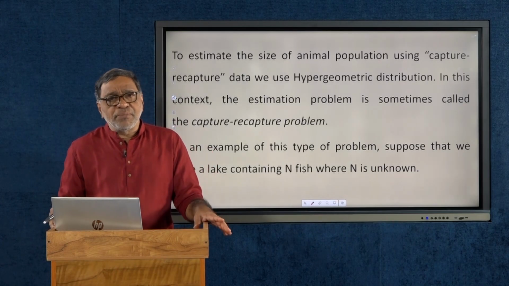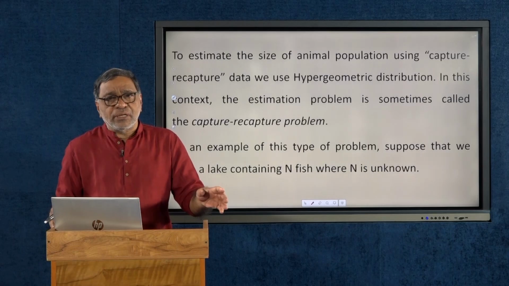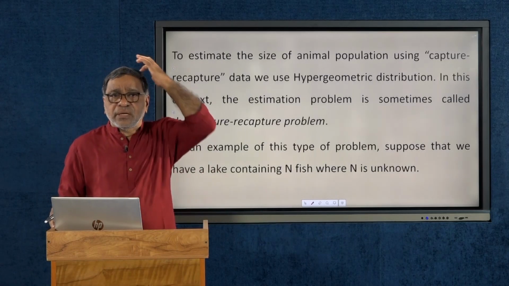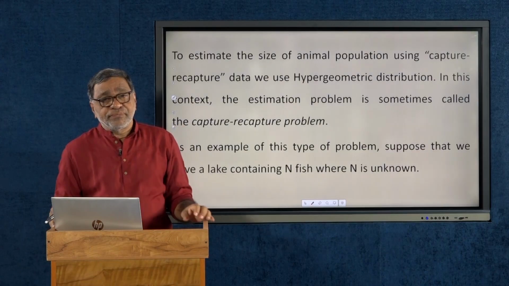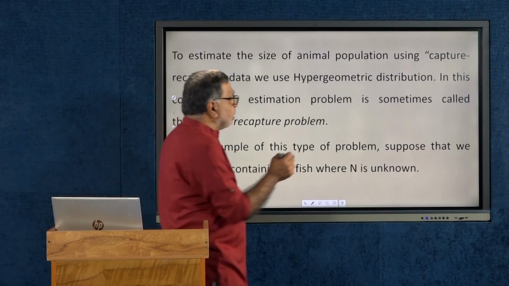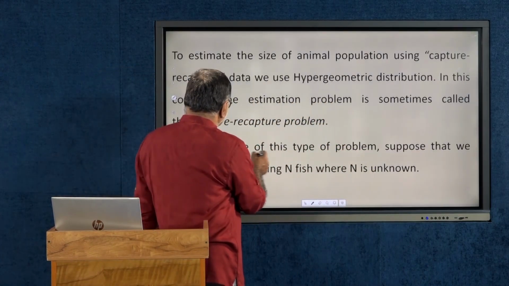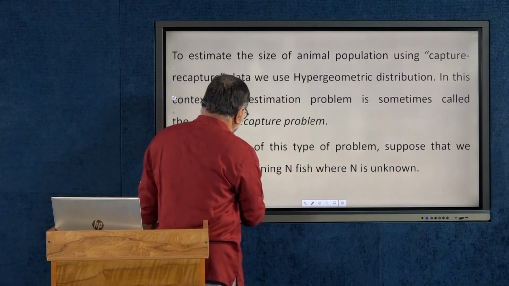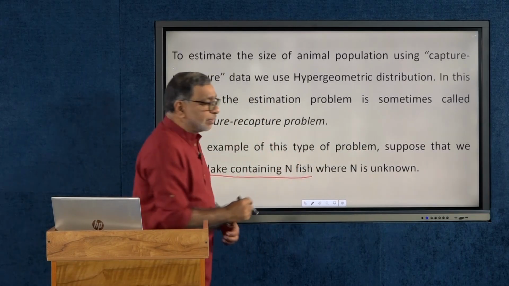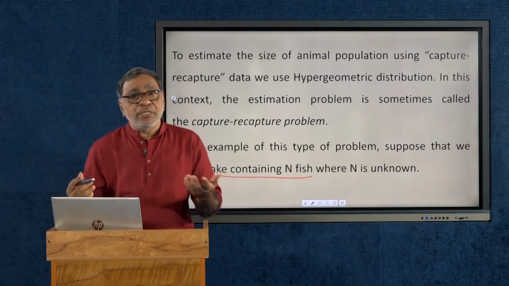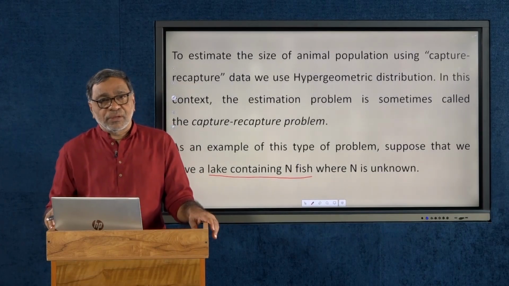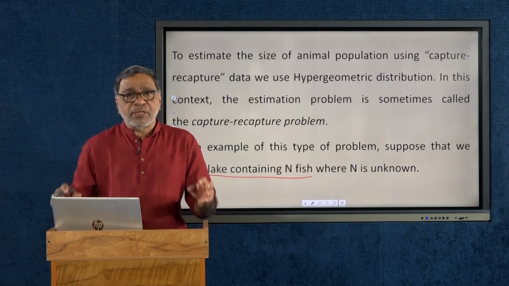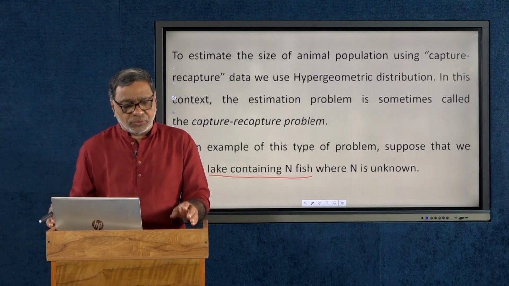As an example, consider a lake containing capital N fish, and this N is unknown to us.